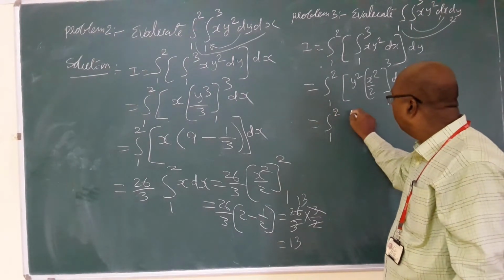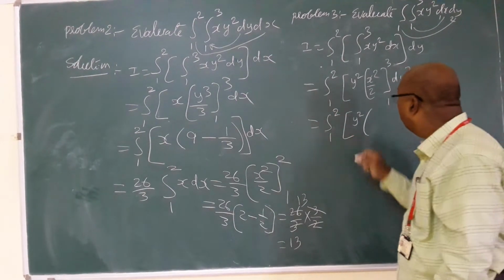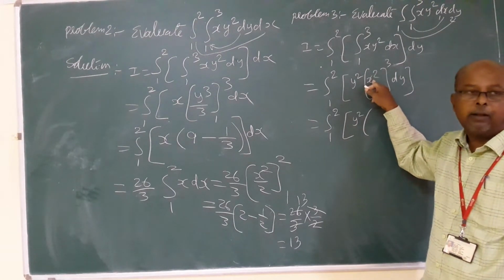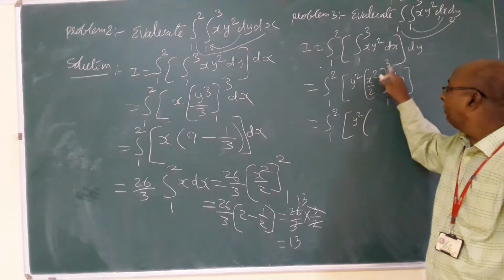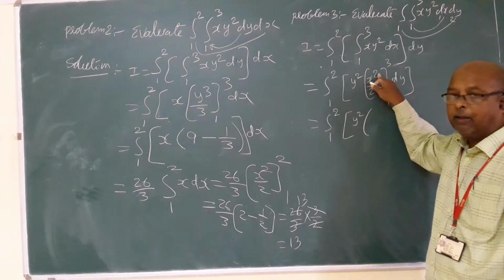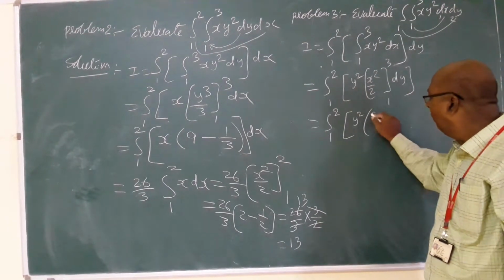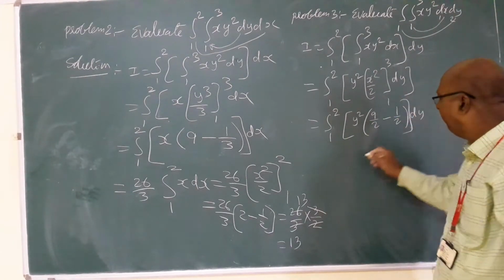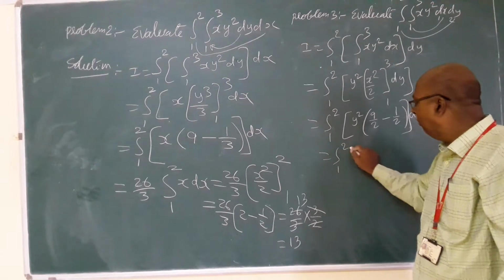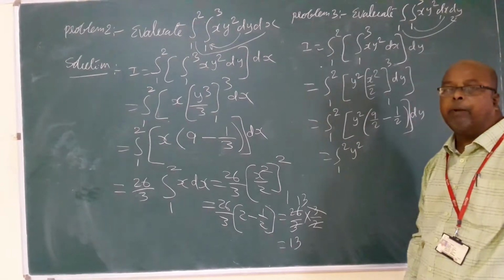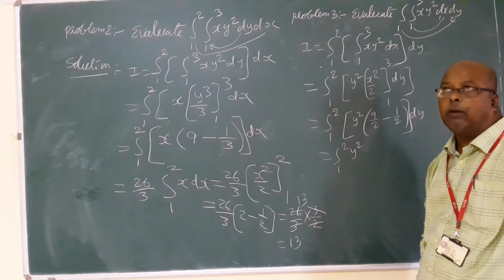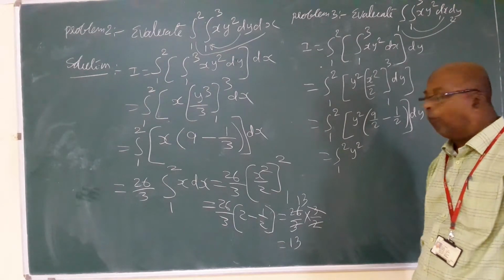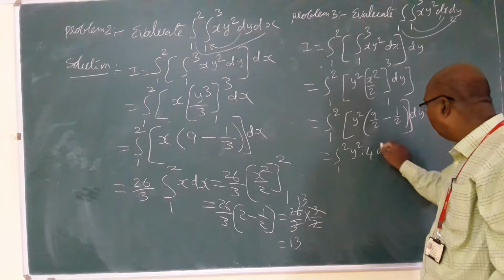Integral 1 to 2 y square into, put the upper limit instead of x, 3 square is 9 by 2 minus 1 by 2, dy. This is integral 1 to 2 y square into 9 by 2 minus 1 by 2. Taking LCM 2, 9 minus 1 is 8 by 2, which is 4, dy.